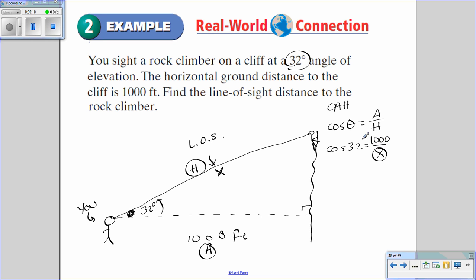Again, if x is on the bottom, we are going to divide. So my math would be 1,000 divided by cosine 32. That should give me my line of sight distance to the rock climber. Let me calculate that really fast. It doesn't tell me to round it, so I'm just going to use whole numbers here. And it should be approximately 1,179 feet.